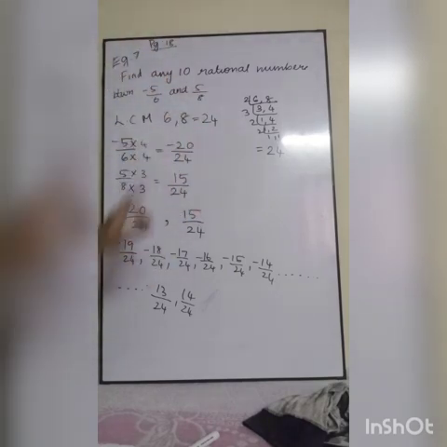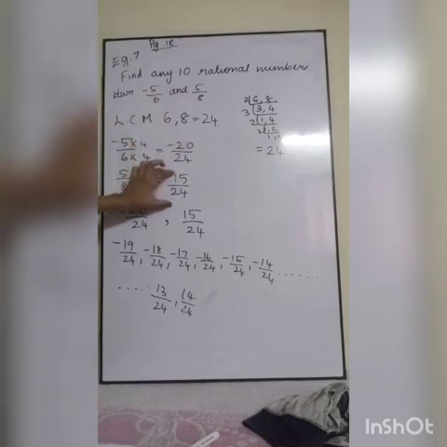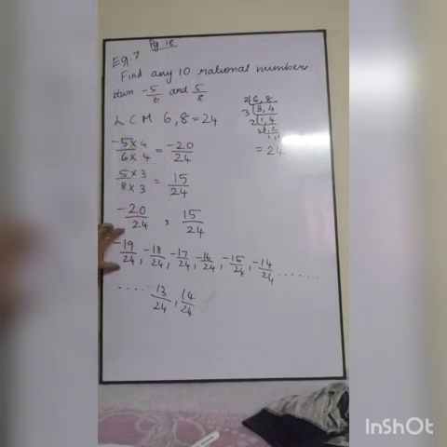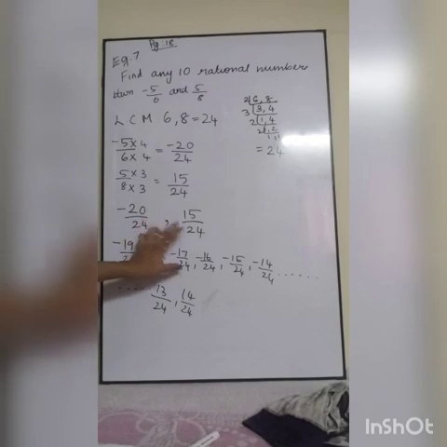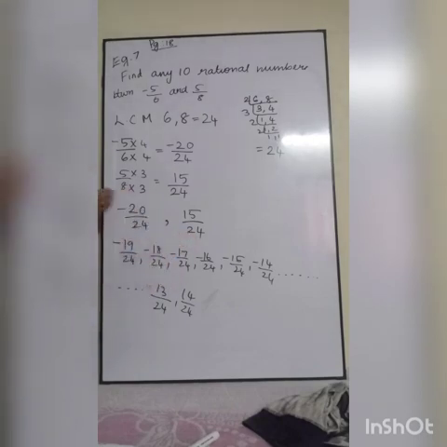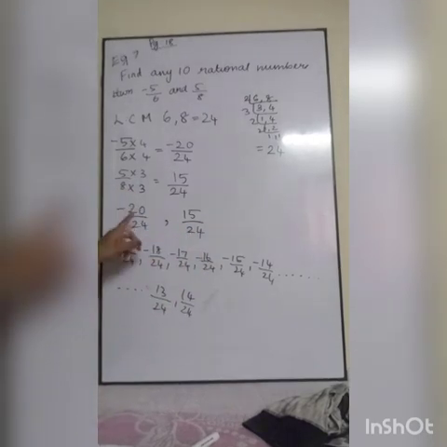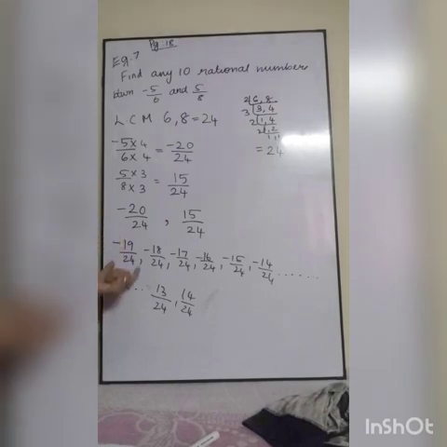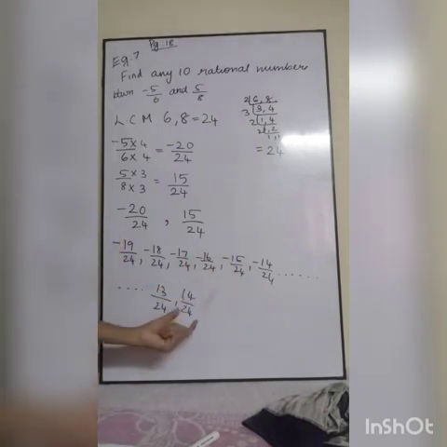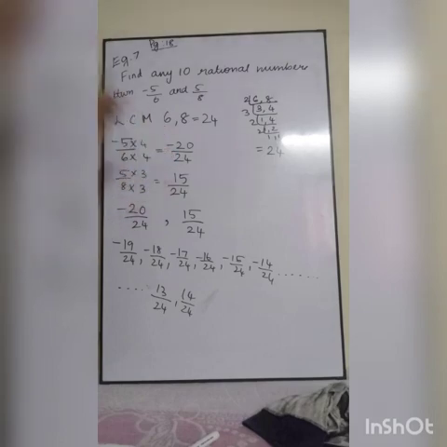So I made both with the same denominator and found a few numbers between these two. Between means you won't include this one or that one, right? So I have written some numbers between these two. In that you can take any 10, because they have asked you for any 10 rational numbers. Since it is a fraction, I am doing the LCM. If it is in integer format, I will make it into a fraction and do it.